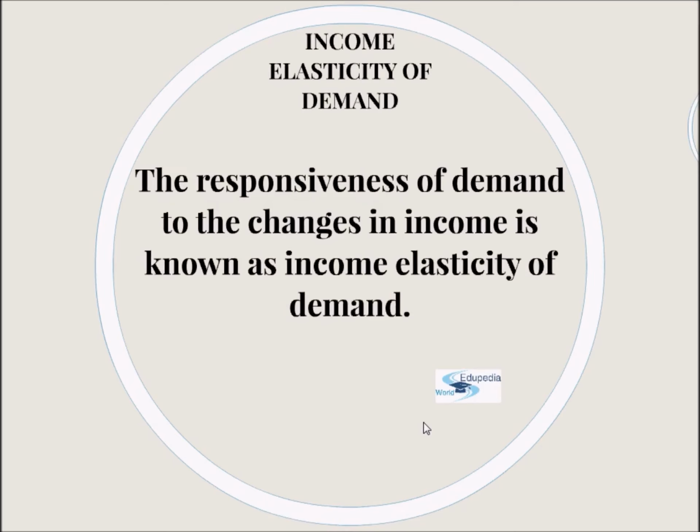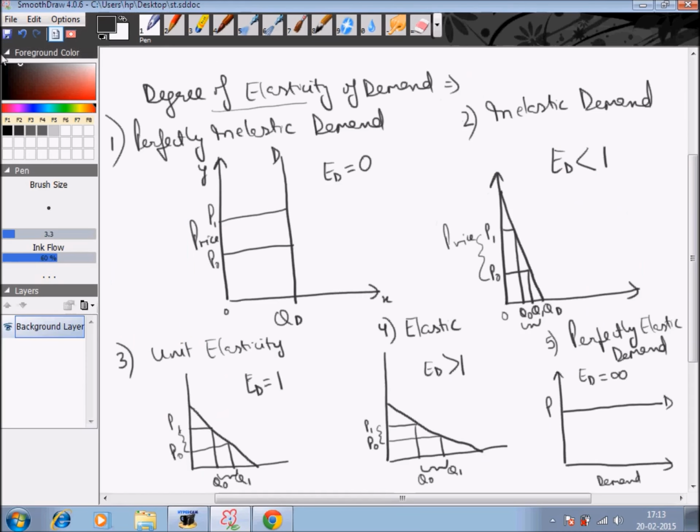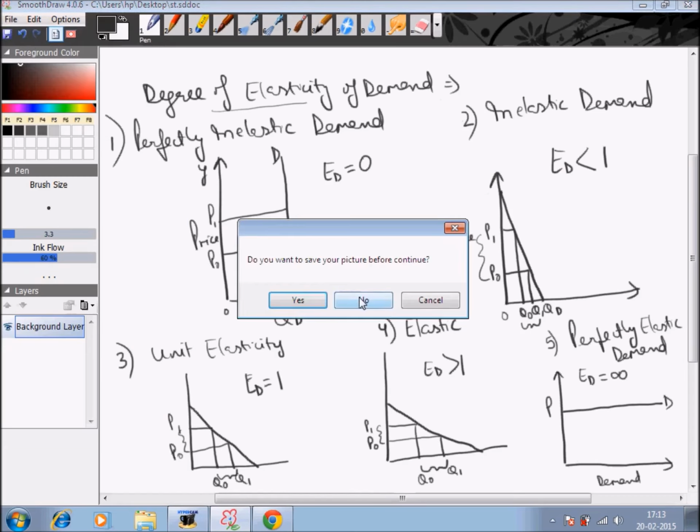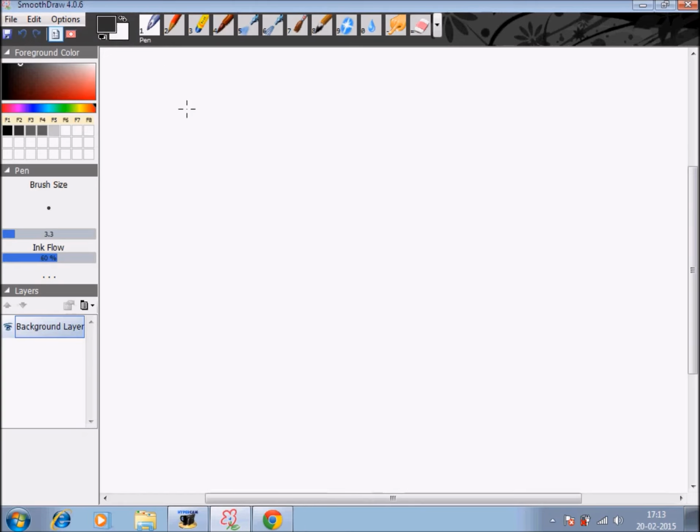Here we see the percentage change in quantity demanded due to the percentage change in the income of the consumer. Now this is how we calculate the income elasticity of demand. The income elasticity of demand is equal to the percentage change in quantity demanded due to the percentage change in income of the consumer. Y denotes the income of the consumer.